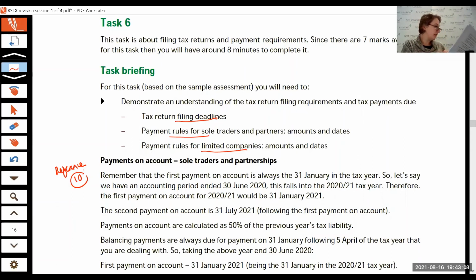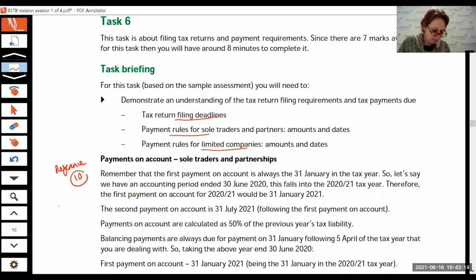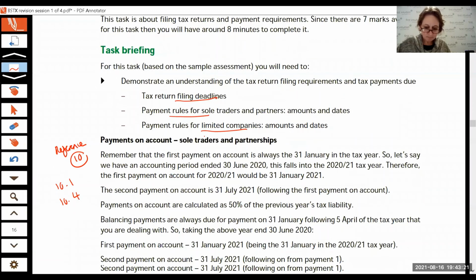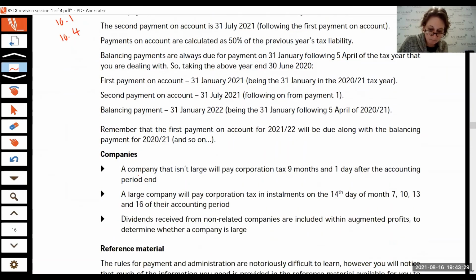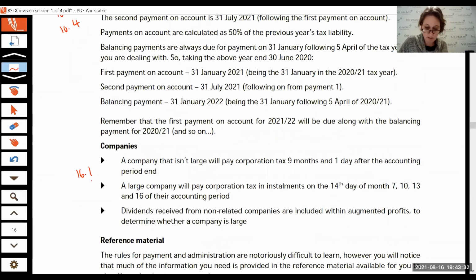It tells you the dates for making payments as well. So maybe specifically 10.1 and 10.4 deal with that section. And then for companies, separate section for companies, they are in section 16.1. Got a whole section for those as well.